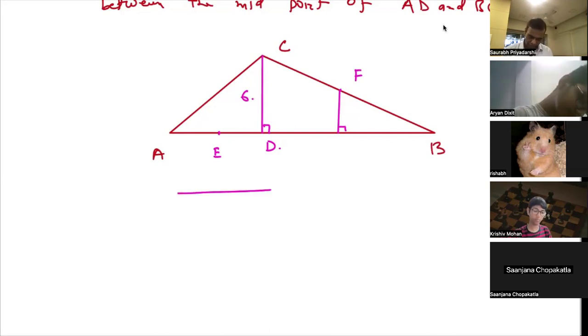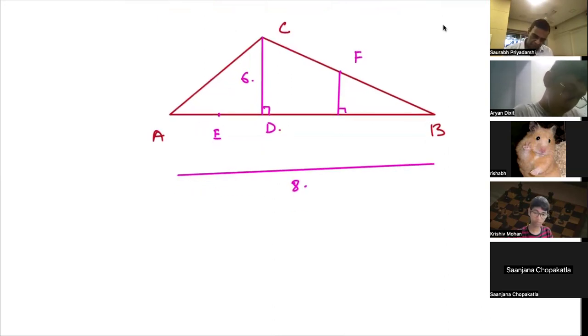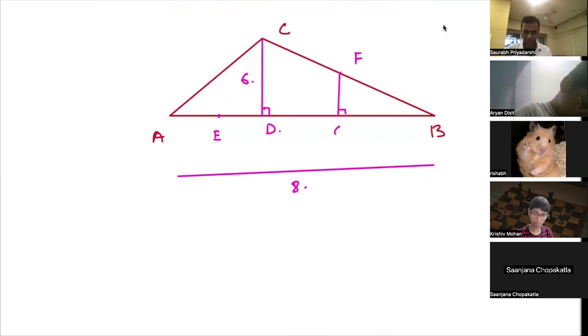And this is given as 8. Let this point be G. Right? So can you see this triangle?